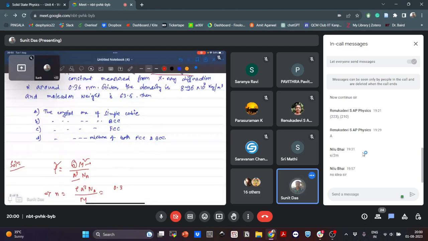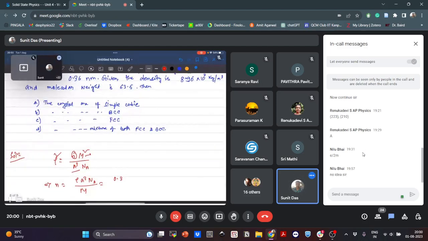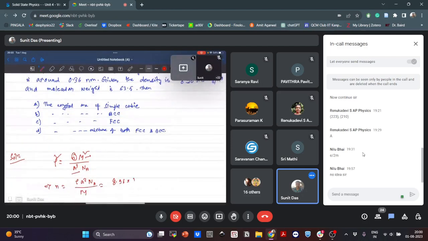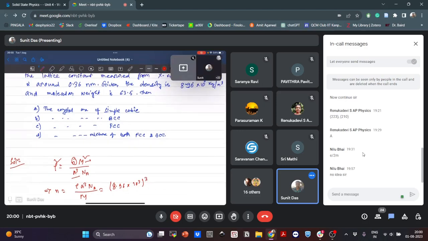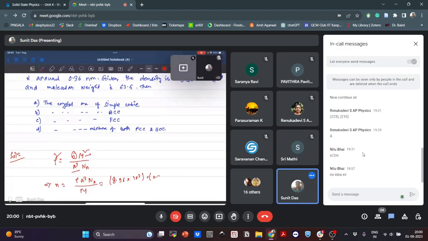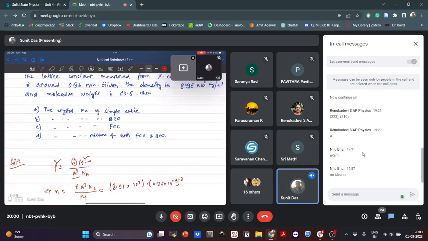So the density is 0.96, a cubed, and then the Avogadro number.